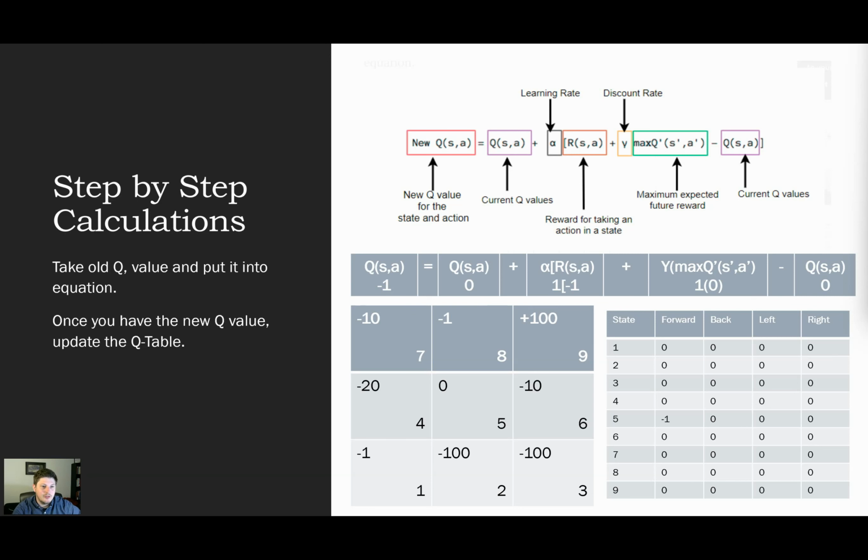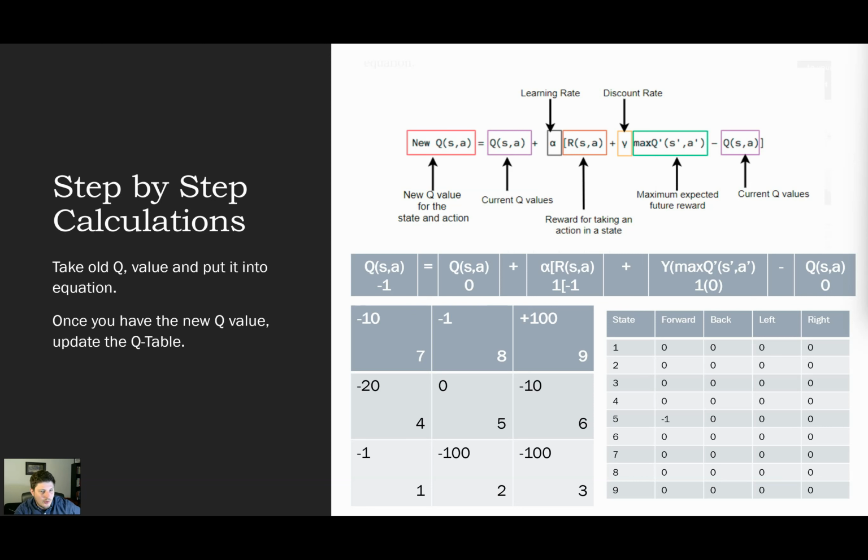Our current Q value, if I'm standing in square 5, is 0. I didn't have any prior knowledge of what the reward would be for just standing in the spot, so we're going to put in 0 for that first piece. The next part is if I move forward, we're going to go forward to square 8. What would my reward be if I move to square 8?